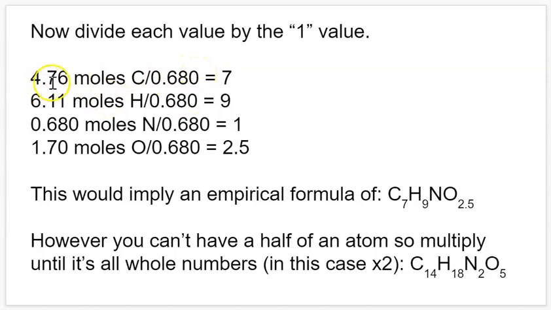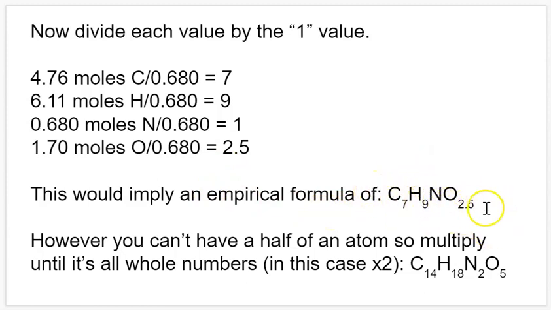If we divide 4.76 by 0.680, that tells us we have 7 times more carbon than nitrogen. For hydrogen, we have 9 times more hydrogen than nitrogen. For the nitrogen, since it's the same value, that's where we get the 1. And for the oxygen, we have 2.5 times the amount, which would imply an empirical formula of C7H9NO2.5. Remember, N is our 1 in this case.